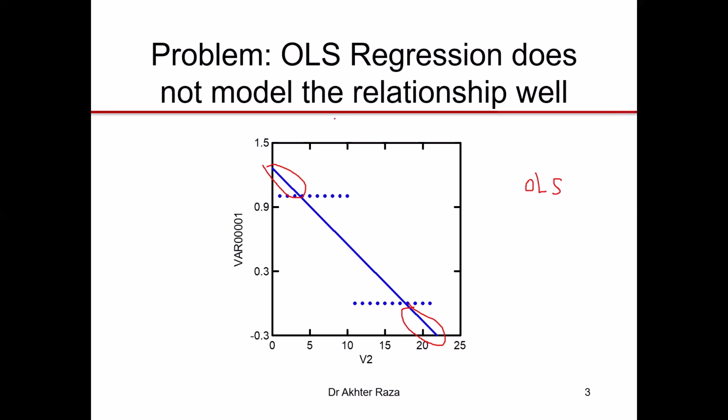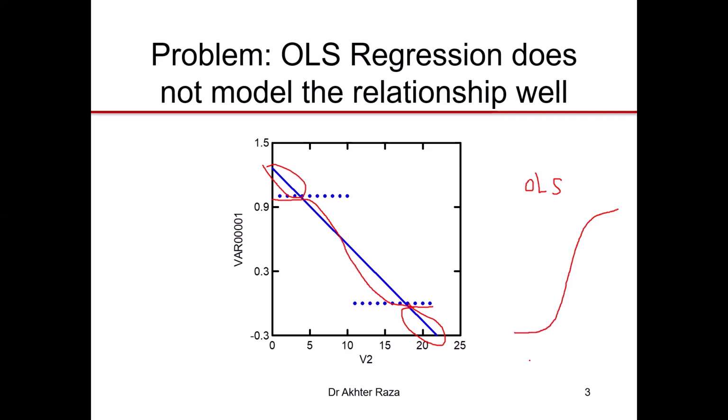Logistic regression is not a new model for you. It is a transformation of ordinary least square. Your ordinary least square will provide you this straight line, but we have to transform it into a function like this. This is called a sigmoid function. You can see it in a reverse order, but generally this function is like a cumulative probability.